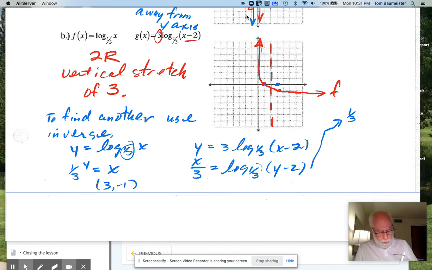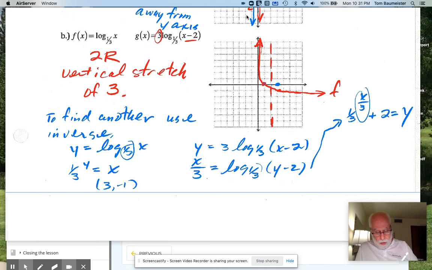1/3 raised to the x over 3, plus 2, is equal to y. So now again, choose a number on this one here. What is going to make this right here be nice? All right.